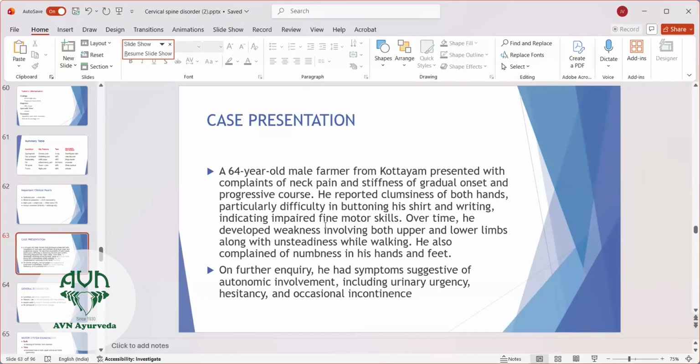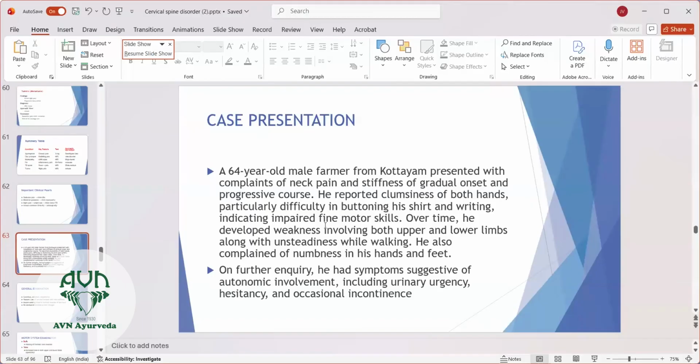Over time, he developed weakness involving both upper and lower limbs, along with unsteadiness while walking. He also complained of numbness in his hands and feet. On further inquiry, he had symptoms suggestive of autonomic involvement, including urinary urgency, hesitancy, and occasional incontinence.